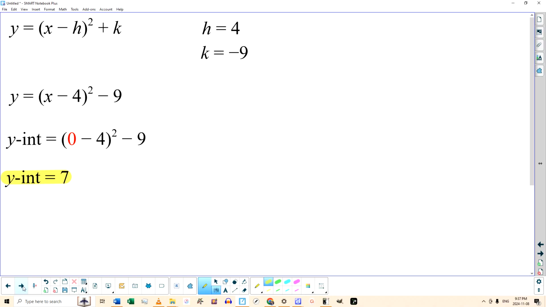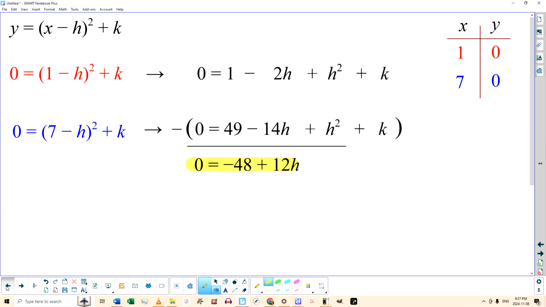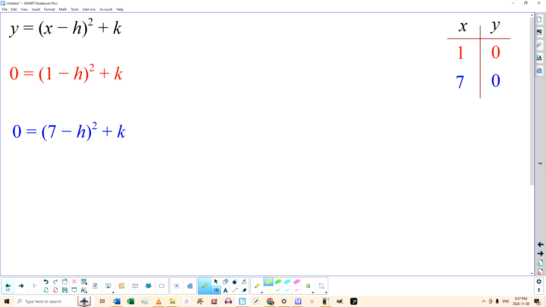The key to solving this type of problem is recognizing that when you have a missing parameter, and in this case we have two missing parameters, h and k are called parameters, you have to use ordered pairs and substitution to find the value of the parameter.